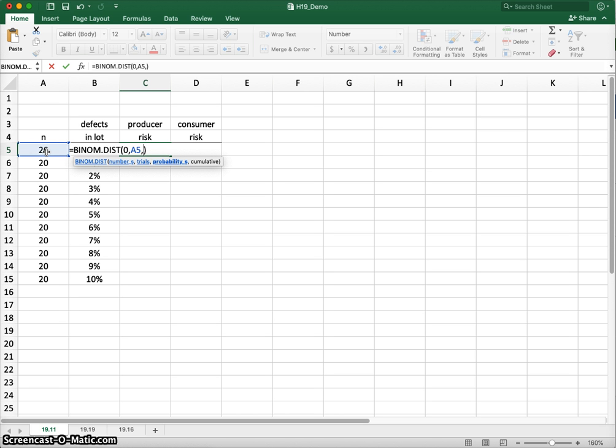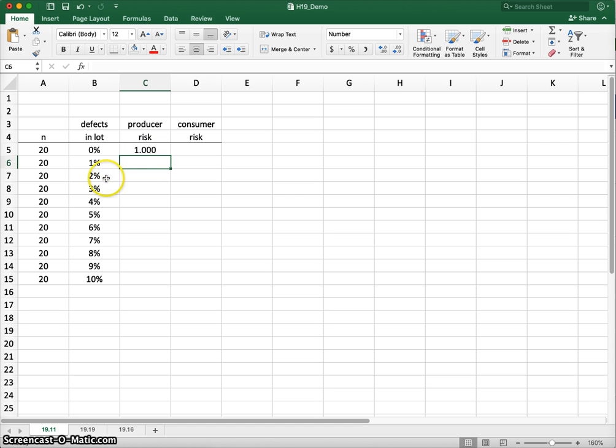The probability is the percentage of defects that are actually in the lot, and in this case that would be B5. Okay, and cumulative, just true or 1 is what we want.